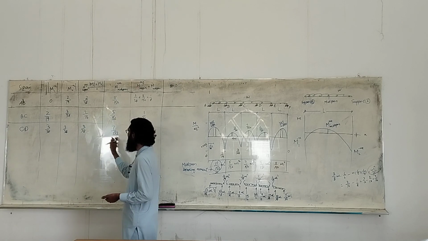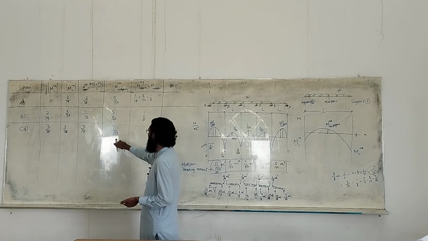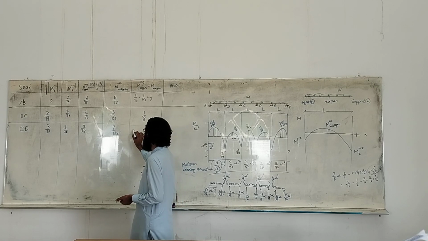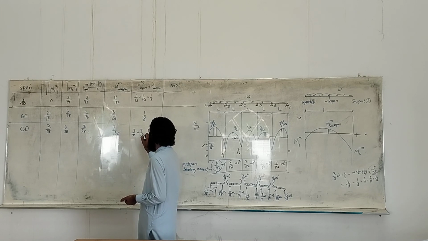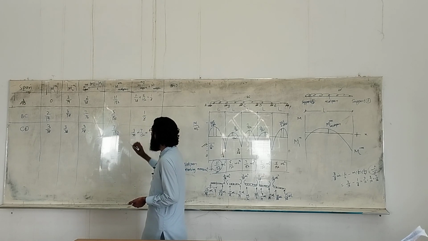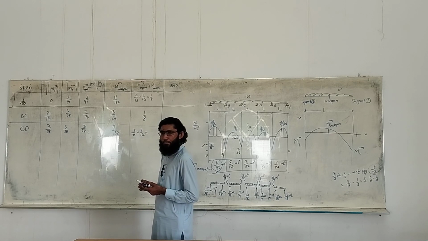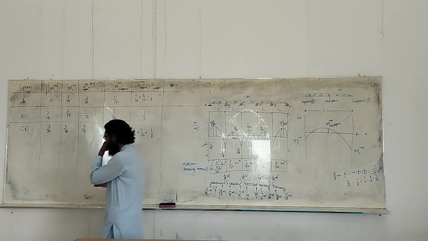What's the sum of these two? 3 by 38 plus 7 by 152. What's the sum? 1 by 8. Are you actually checking or just telling like this?